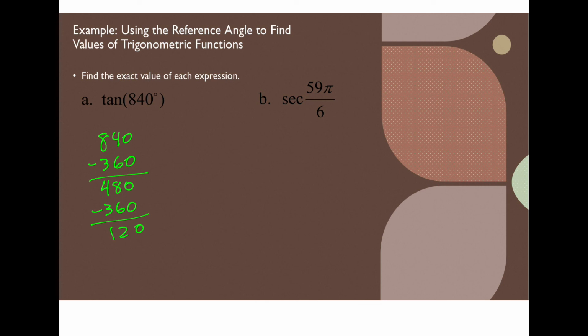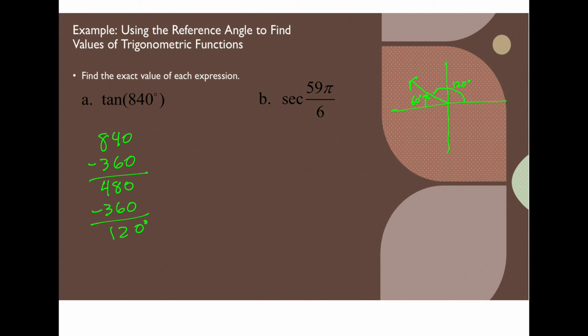This would be 120. So that puts us in the second quadrant. 120. And 180 minus 120 gives us 60 degrees. So 120, which is the same as 840.